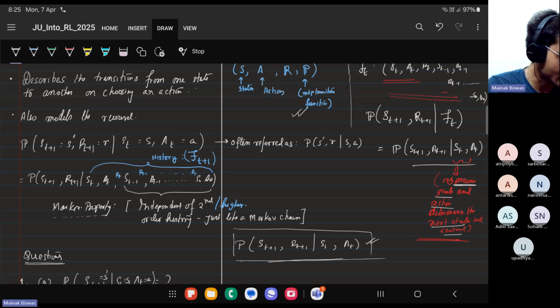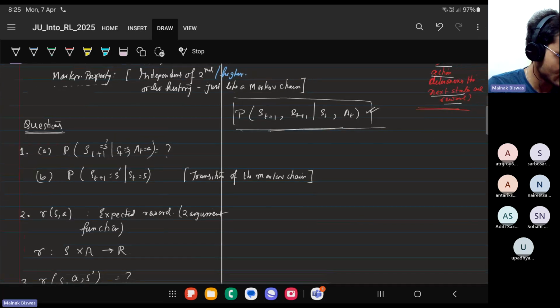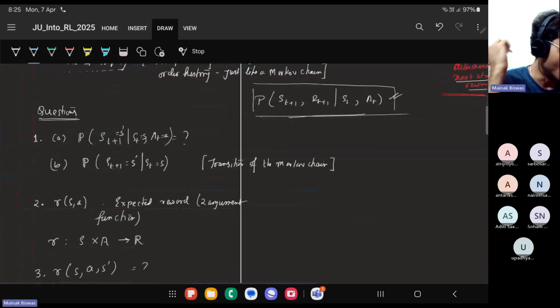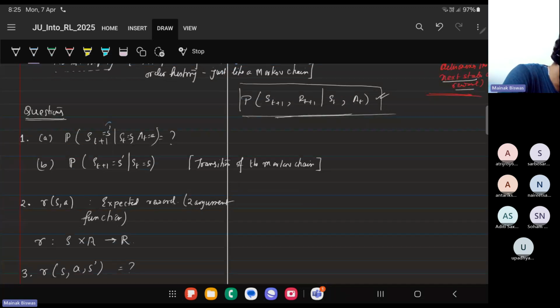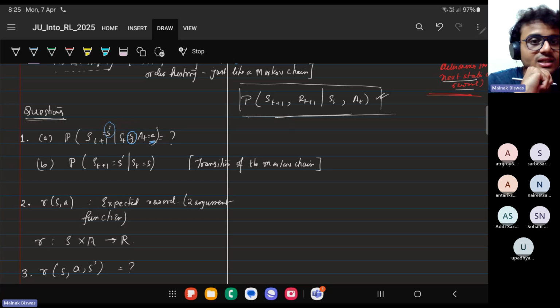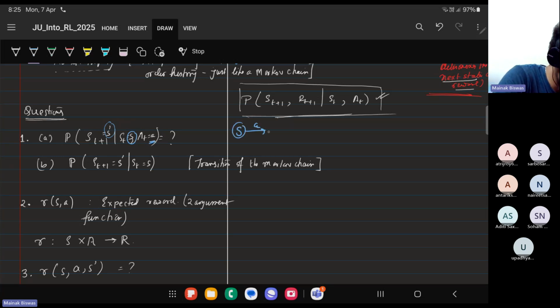Fine. So let's start with some exercises, just a warm up. The first question is, what is the probability that the next state is some s prime, given that the previous state is s and the action taken is a?